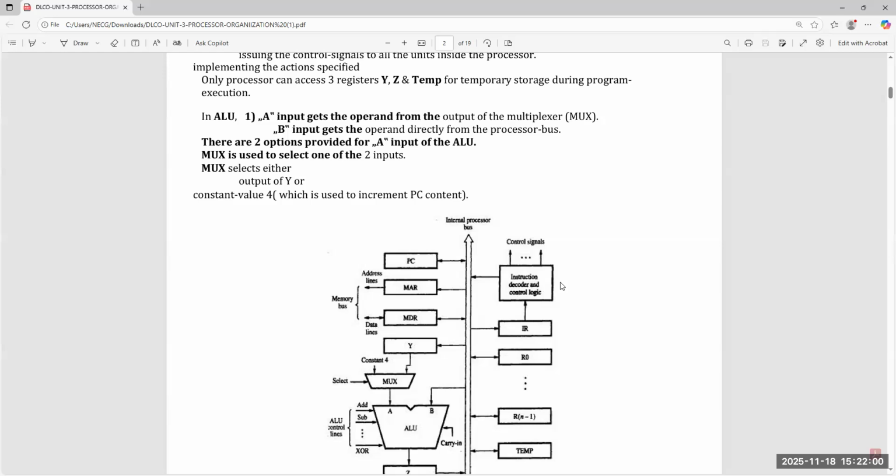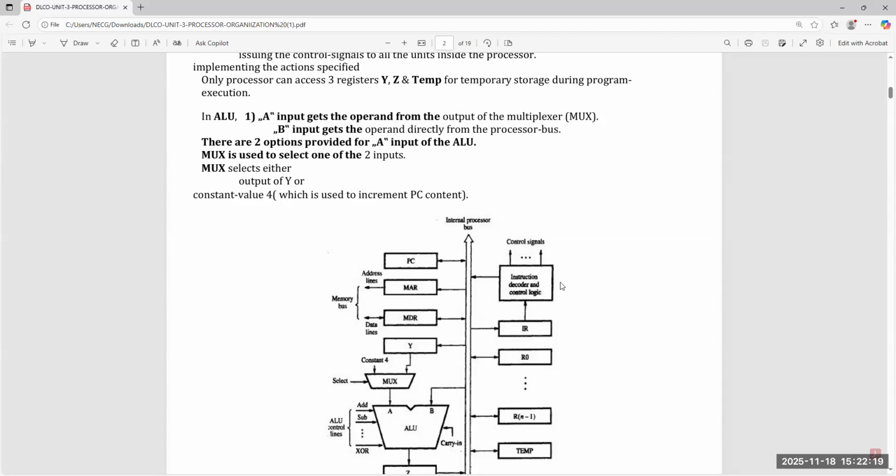Now, you can take the arithmetic logic unit, where it performs arithmetical or logical operations. It takes two inputs.